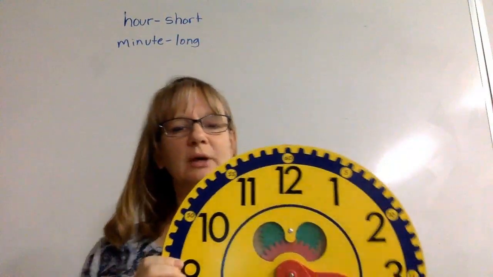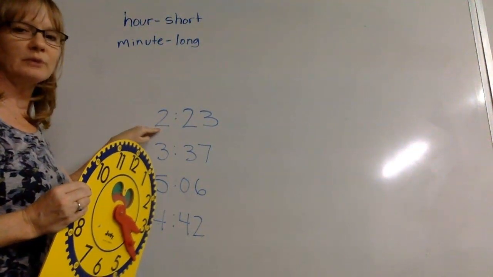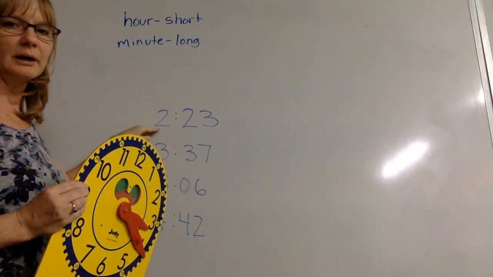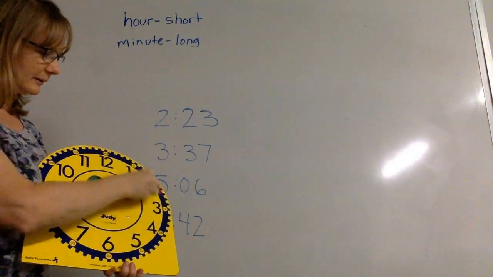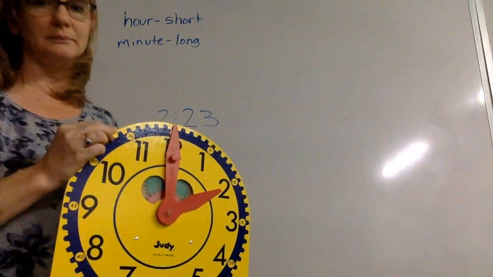So let's look at some times on the board. The first one says 2:23. How do I find 2:23? I'm going to go to 2 o'clock. Start at 2 o'clock.